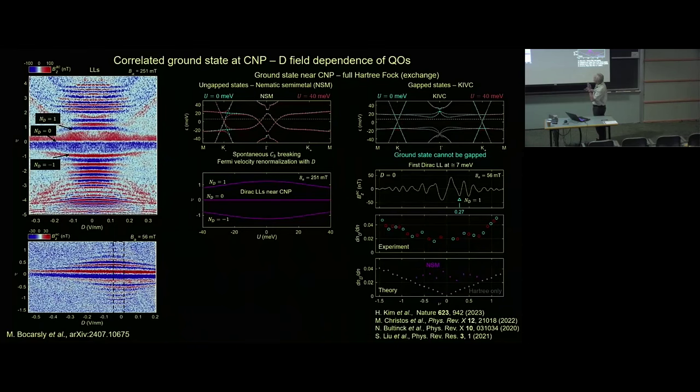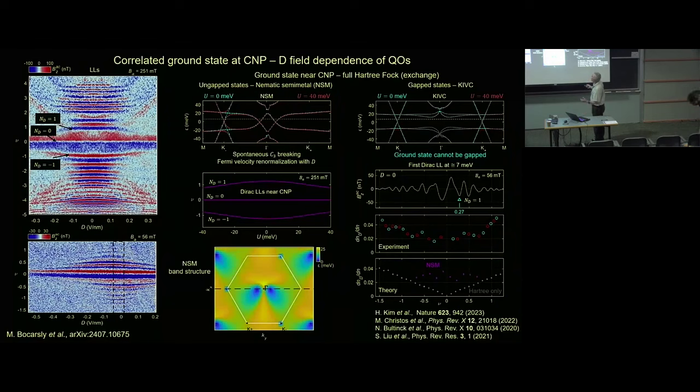So there are two main observations. First, the hybridization does not occur at the K point, which means that the nodal points of the flat band are not at K. And second, the ground state is not gapped, and the only possibility known in the literature that is consistent with this is this nematic semimetal.